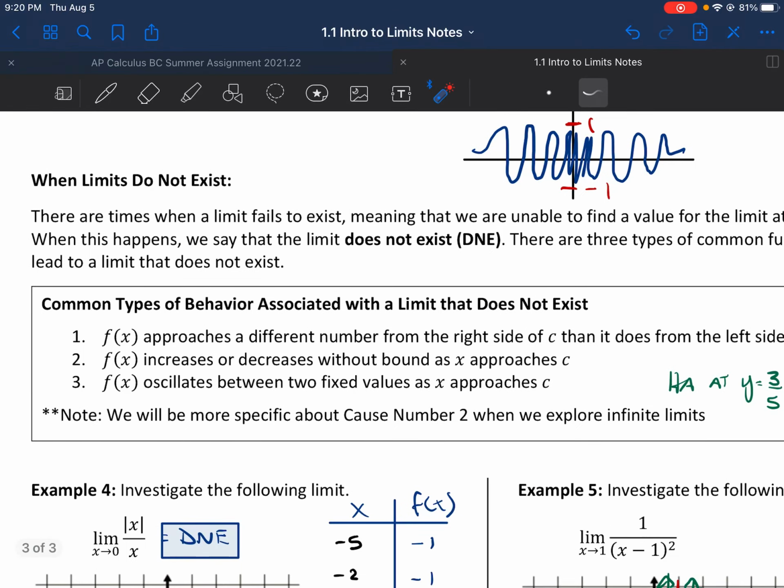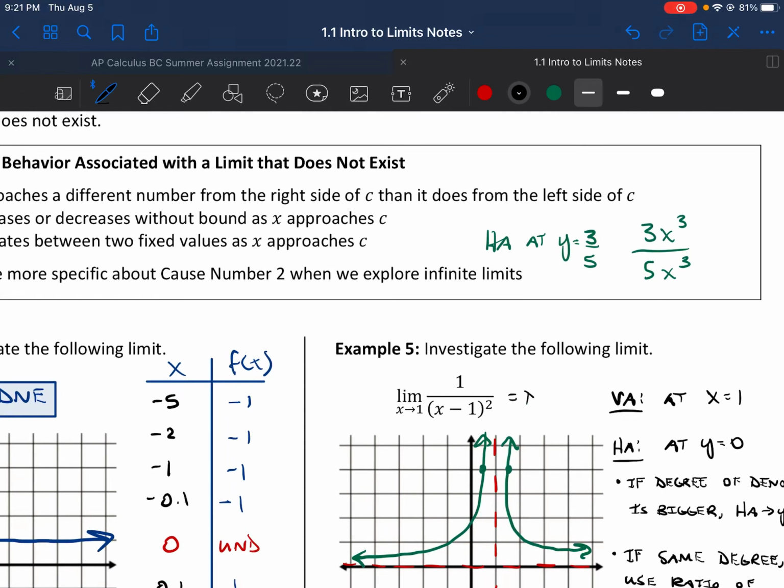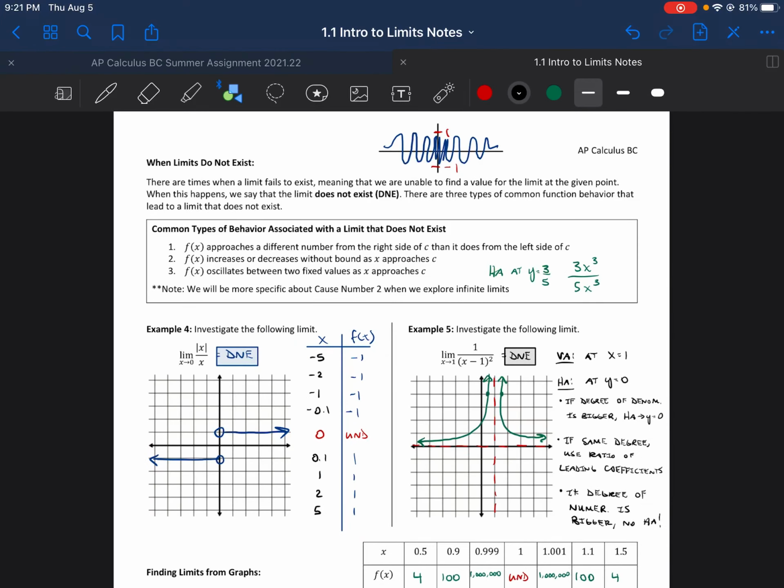And we just saw, if f of x increases or decreases without bound, meaning blowing up towards infinity, or decreasing without bound, going towards negative infinity, as x gets closer and closer to c, then that limit does not exist. So this limit, d and e, does not exist.